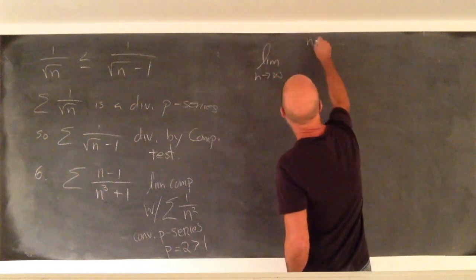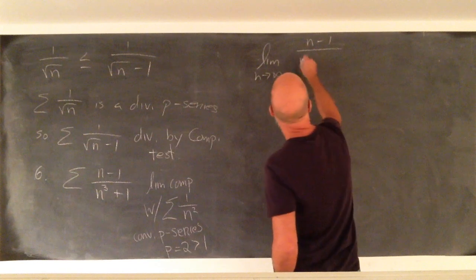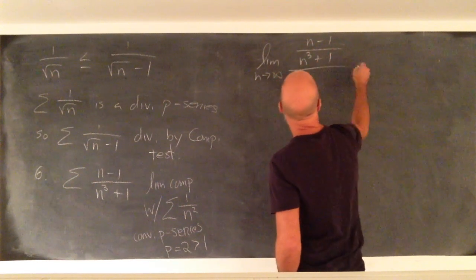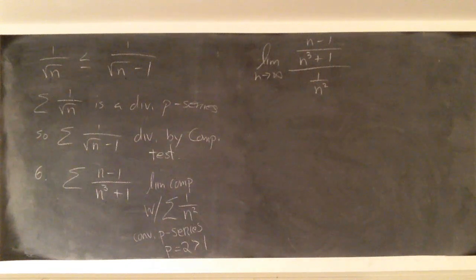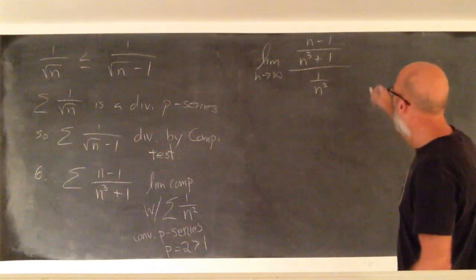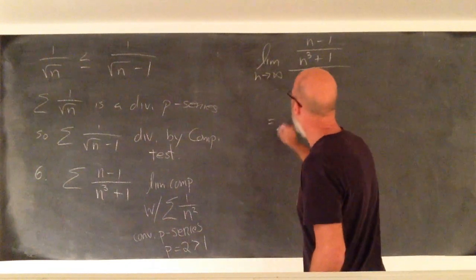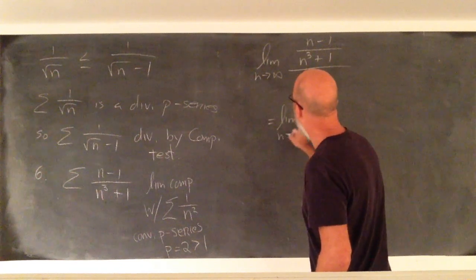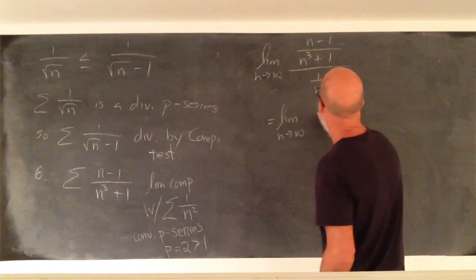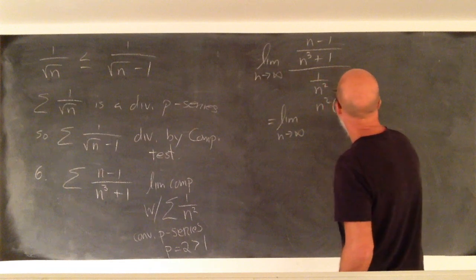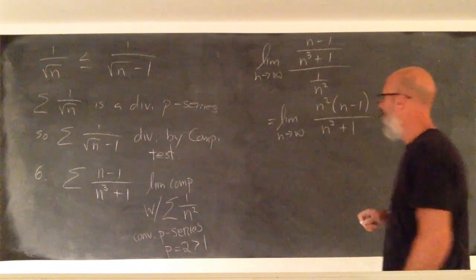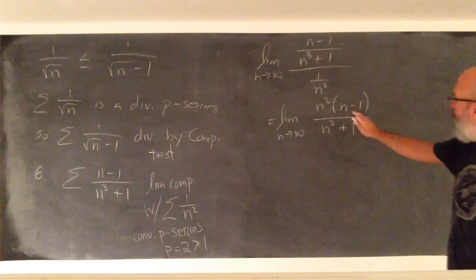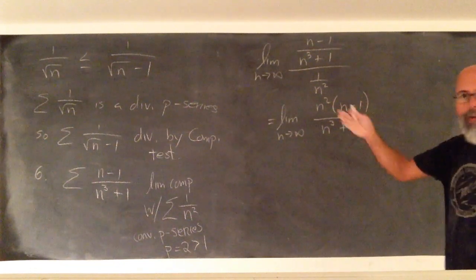So 1 divided by the other. You divide by a fraction, we're going to multiply by the reciprocal. So that is n squared times n minus 1 over n cubed plus 1. Let's factor out, you have options.